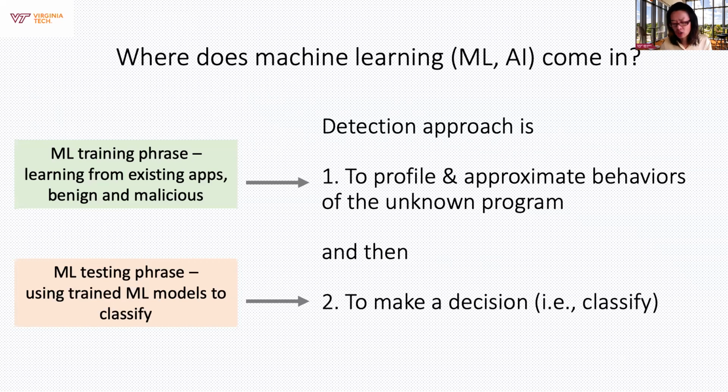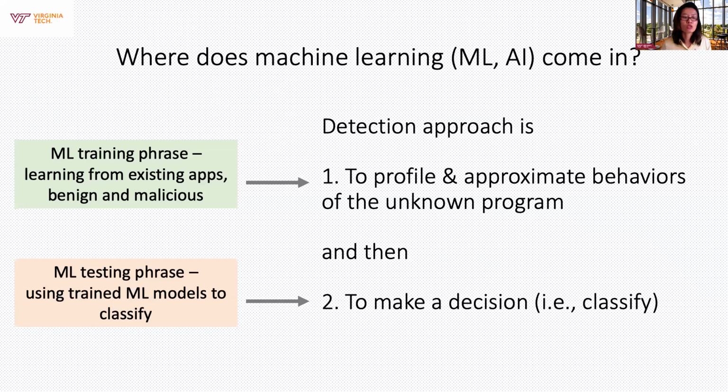Even though this is a security course, it doesn't mean that you shun yourself away from ML. Numerous security solutions use machine learning as a detection, especially software classification, malware classification, and you use ML to train on existing samples, the known samples, the apps with known labels, malicious and benign.